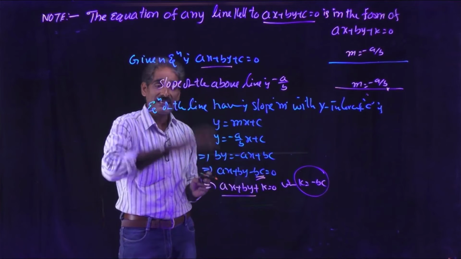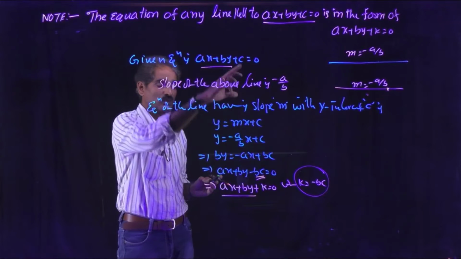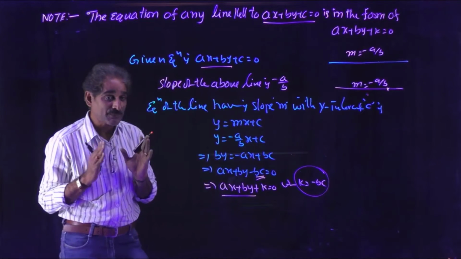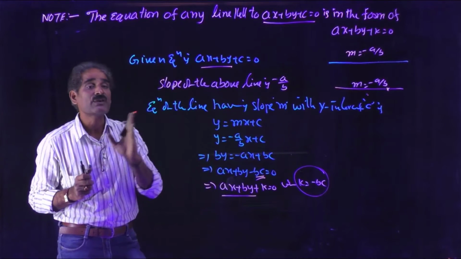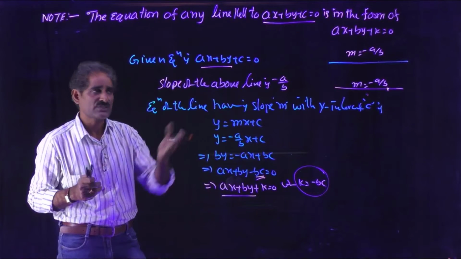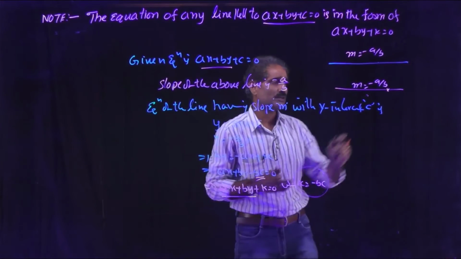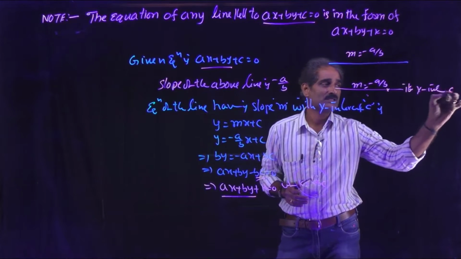For parallel lines, the x and y coefficients are the same, they just differ by constants. If any two lines are parallel, they just differ by a constant. Just see this. This is the line, and you have to find this line. Here its y-intercept is equal to c.